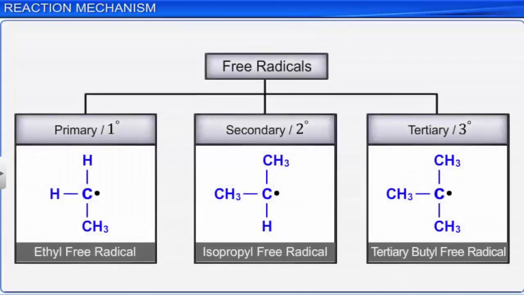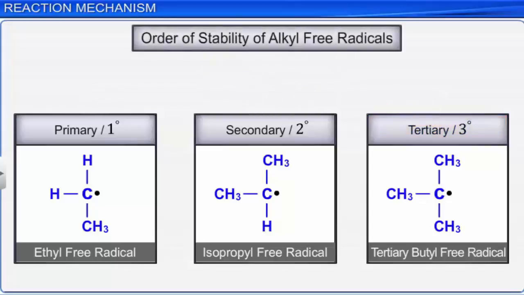Depending on the number of alkyl groups directly attached to the carbon free radical, alkyl free radicals are classified as primary, secondary, and tertiary. Greater the number of alkyl groups, greater is the stability.